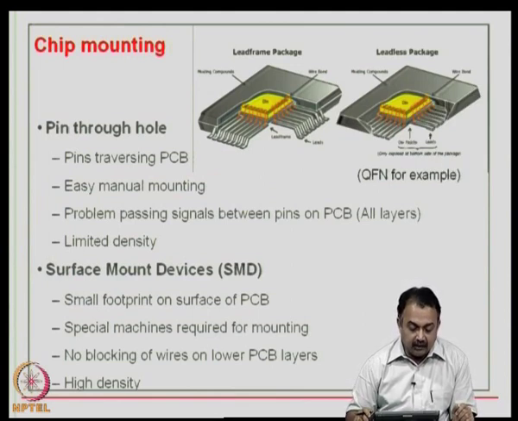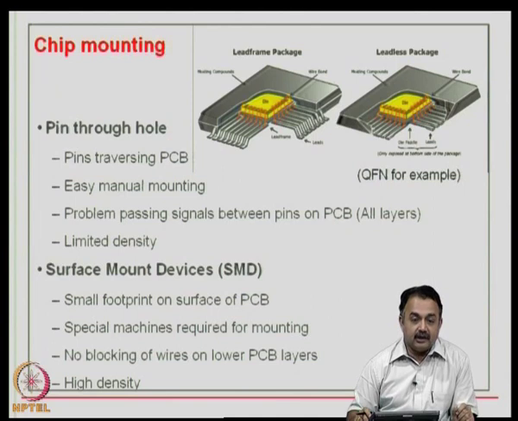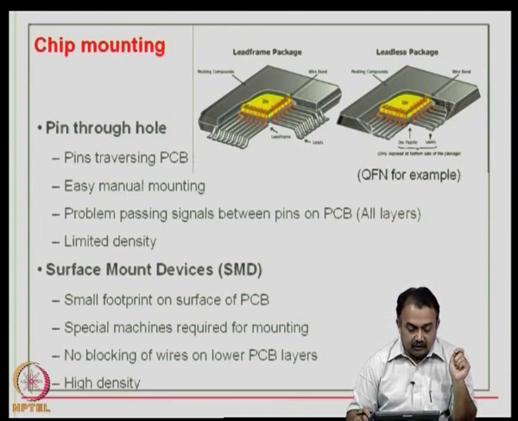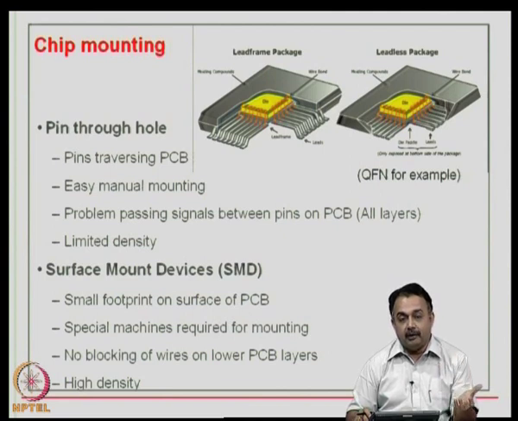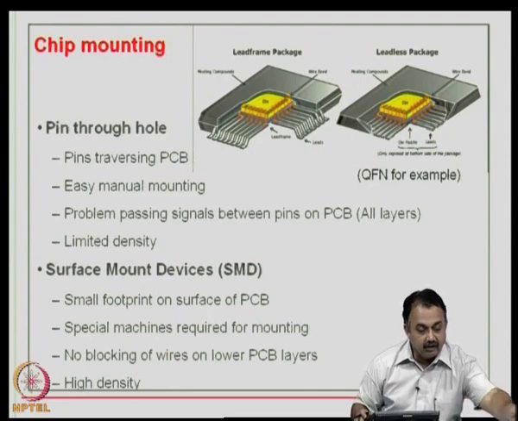So, chip mounting can be, as we have seen earlier, pin through hole. That means your package should have pins that traverse through the PCB, and easy manual mounting. When you use a pin through hole format, instead of depending on automated equipment, you must be able to mount these devices like your DIP package here.